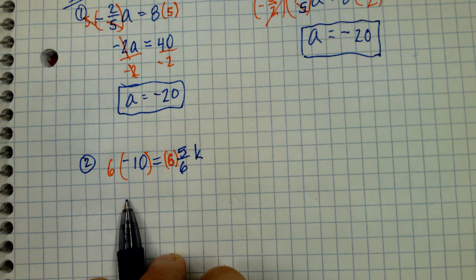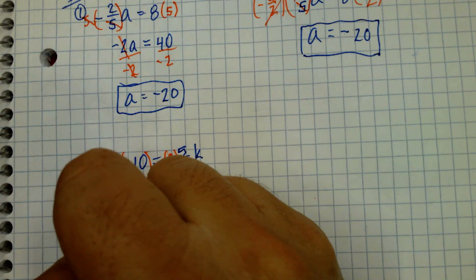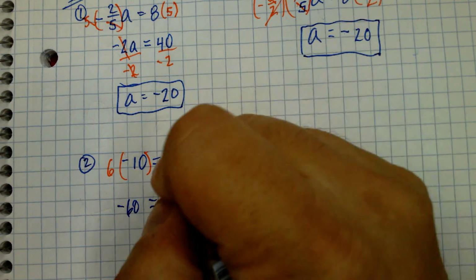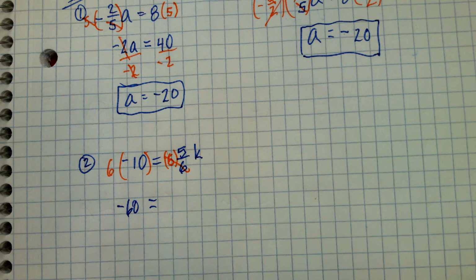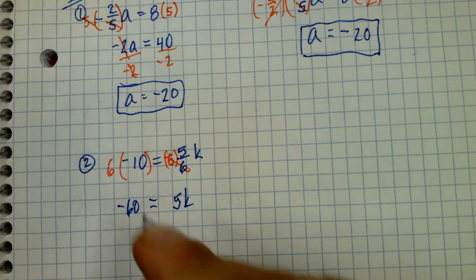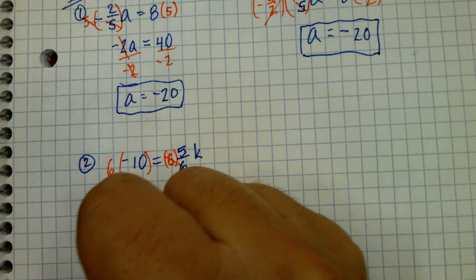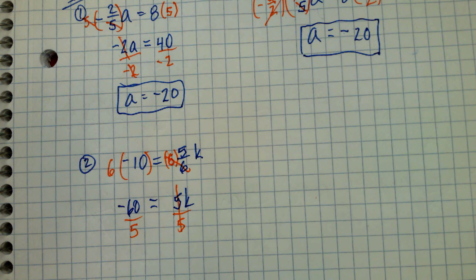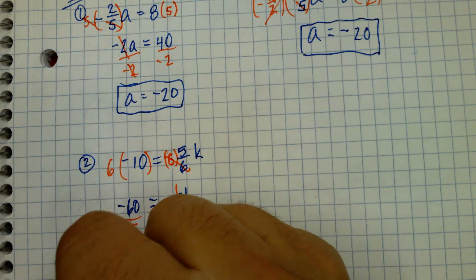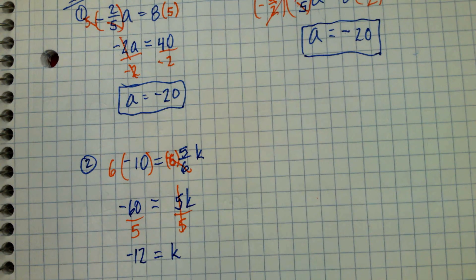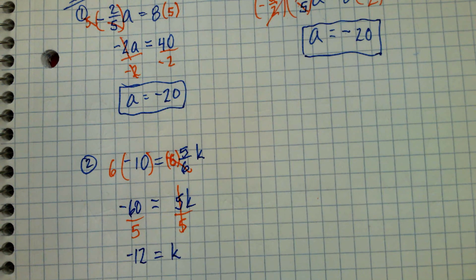What do we get on the left side? -60 equals 5k. So now let's just divide that away. And that's going to give us -12 equals k.